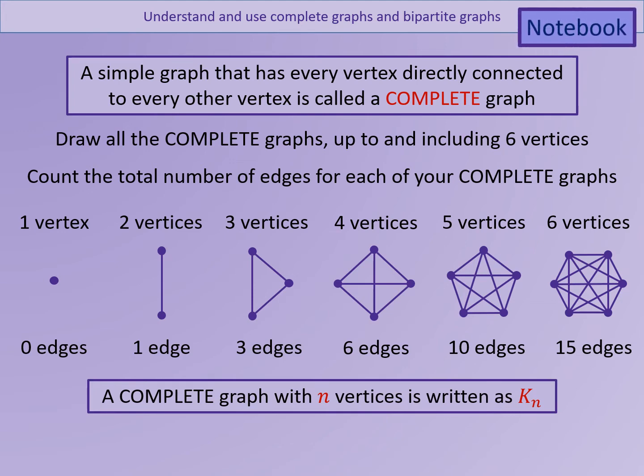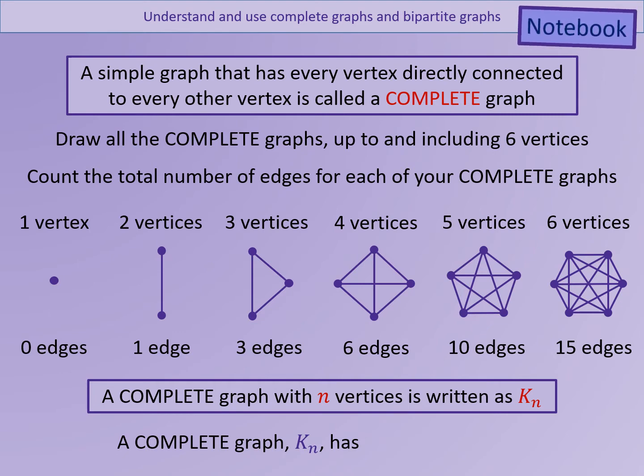A complete graph with n vertices. The notation for this is Kn. So Kn means a complete graph with n vertices. For example, the complete graph with 5 vertices will be written as K5. The formula for the number of edges: if you consider that in a complete graph, each of the n vertices needs to be connected to every other vertex, this means that each vertex will have a connection with n-1 other vertices.